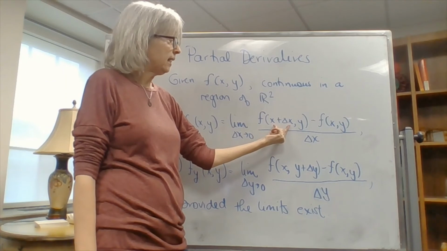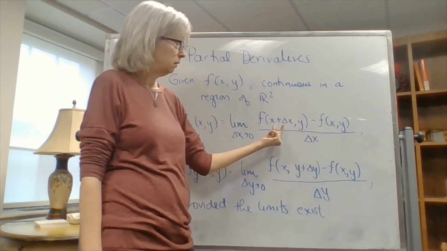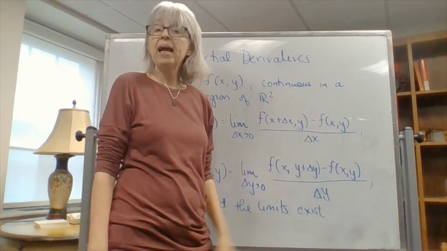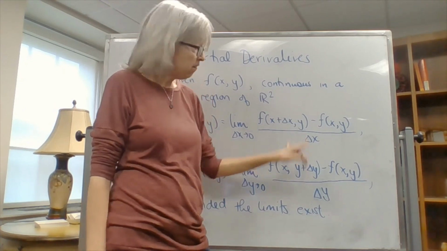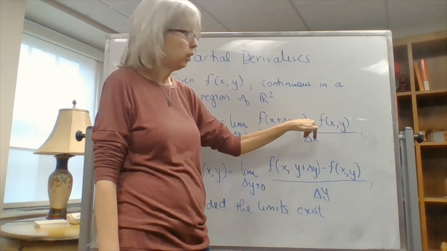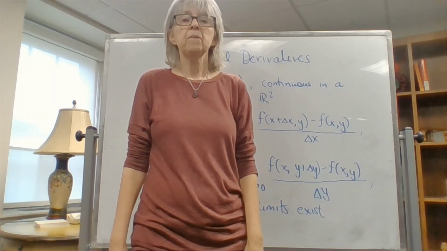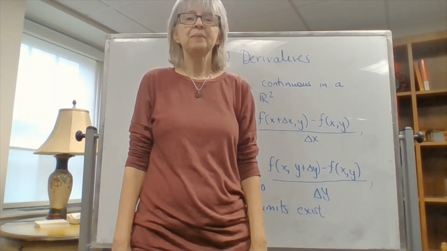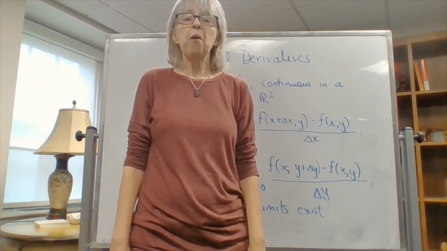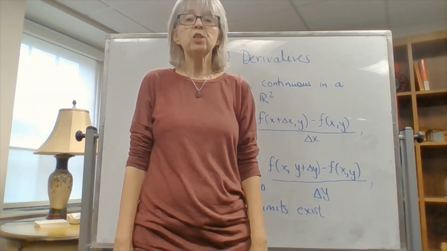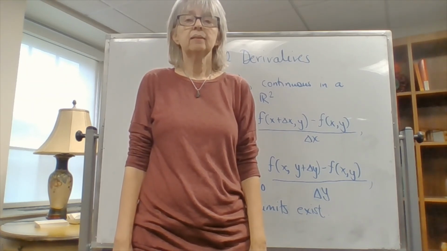And the only thing that's changing is my x value. My y value is being held constant. And I'm taking a tiny little step in the x direction. And I want to see what is my change in height.